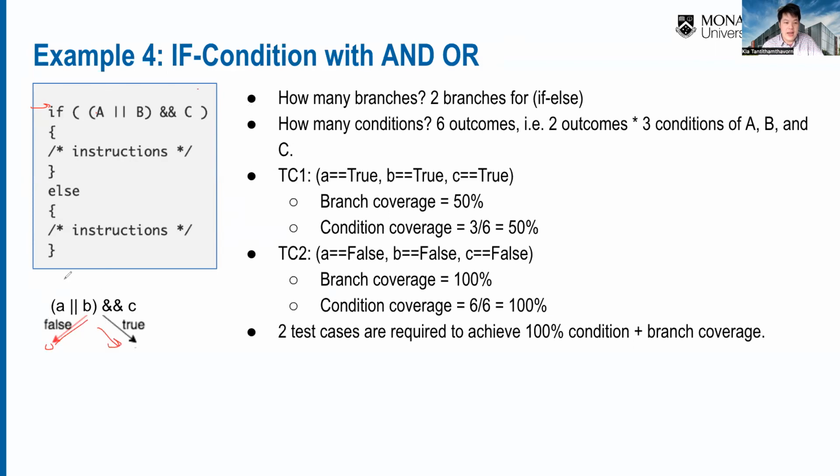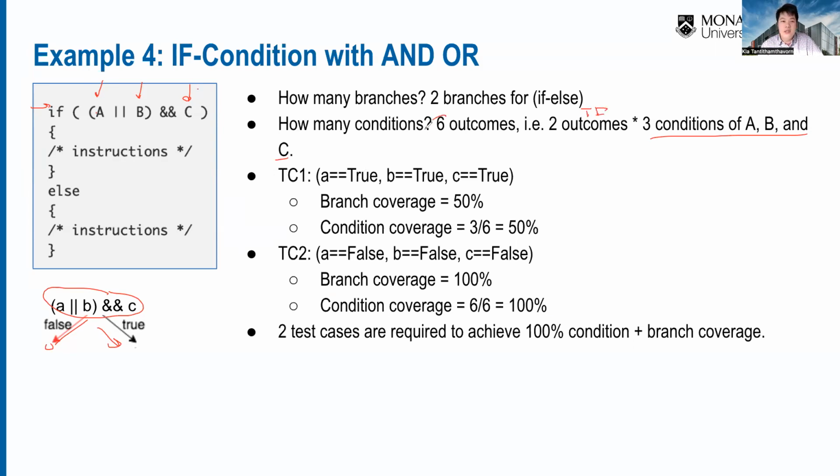The whole thing is considered 1 decision point. How many condition outcomes? We have 3 variables here, 3 conditions: A, B, and C. In total, we will have 6 condition outcomes, each of them true or false.